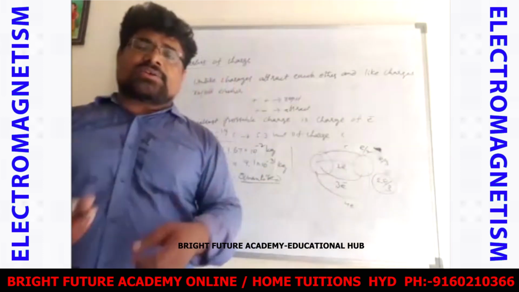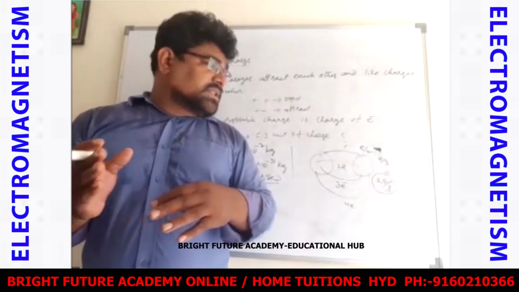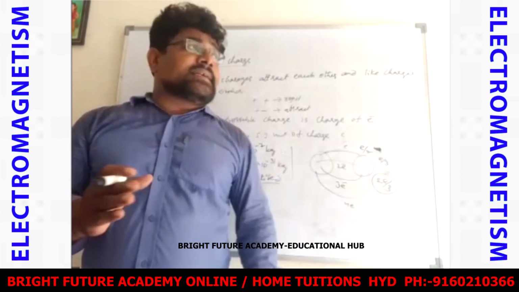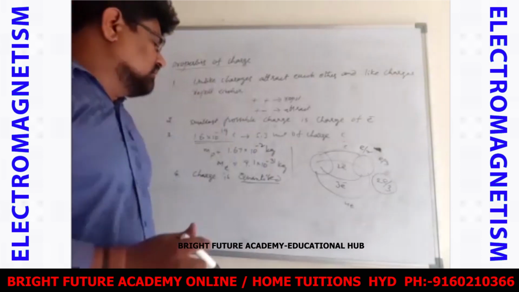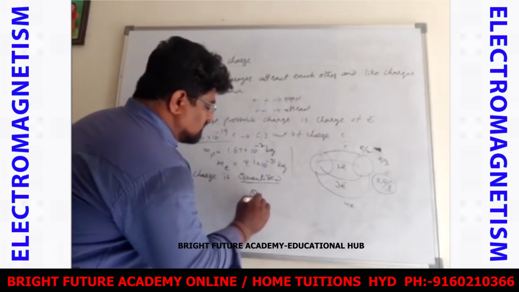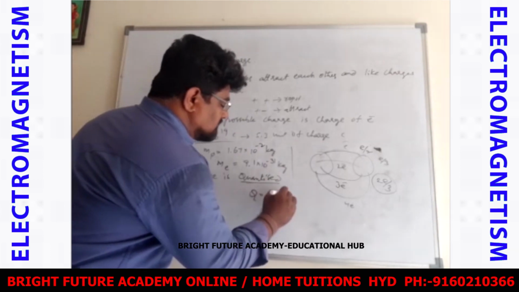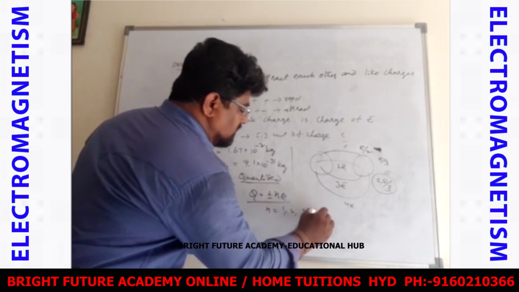If we want to transfer electrons from one body to another, the only way is to send integral multiples of an electron, that is one electron, two electrons or three electrons. That is, total charge is quantized, and it can be written as Q equals plus or minus Ne, where N equals 1, 2, 3, and so on.